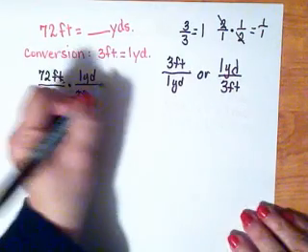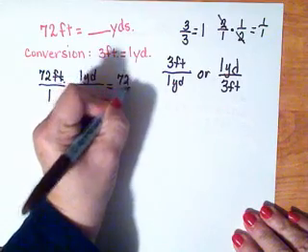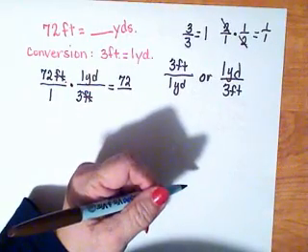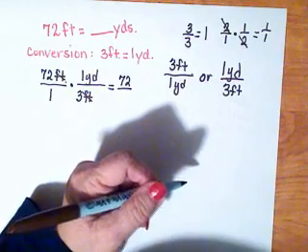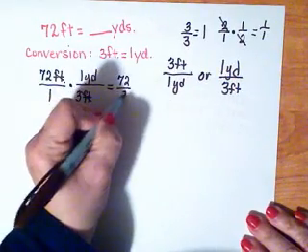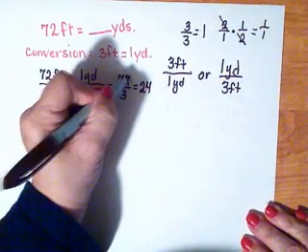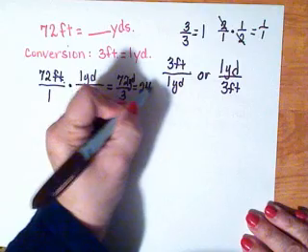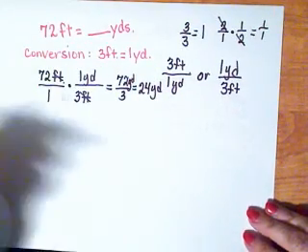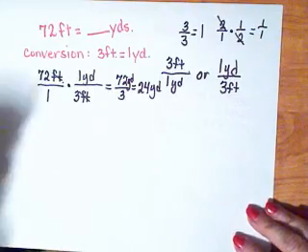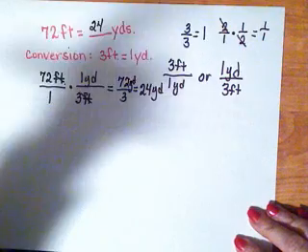Now, the feet is going to cancel, and then you end up with 72 times 1 is 72. And then 72 divided by 3 on the bottom gives me 24, and I forgot my yards there, so I end up with 24 yards over 1, or just plain old 24 yards.